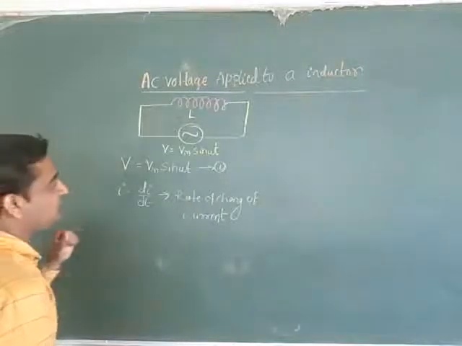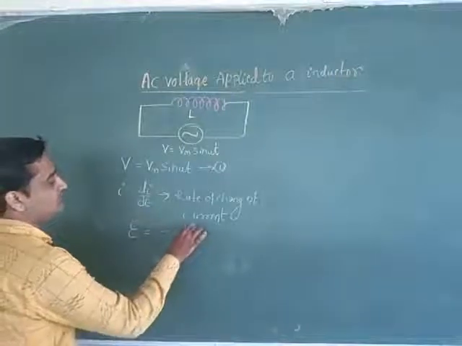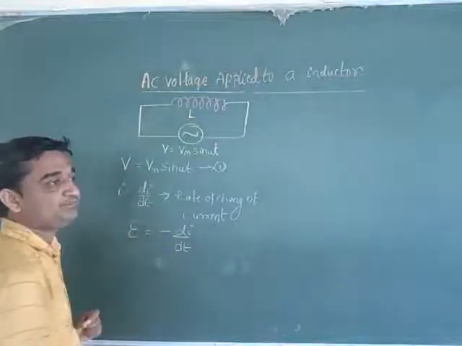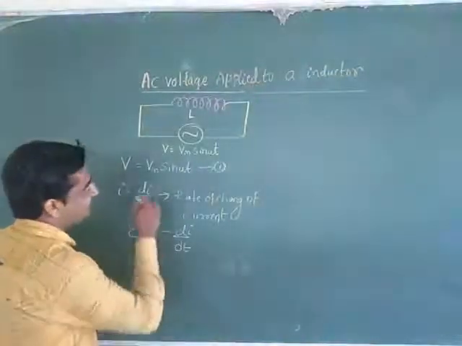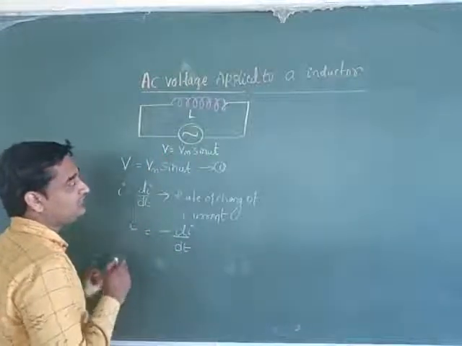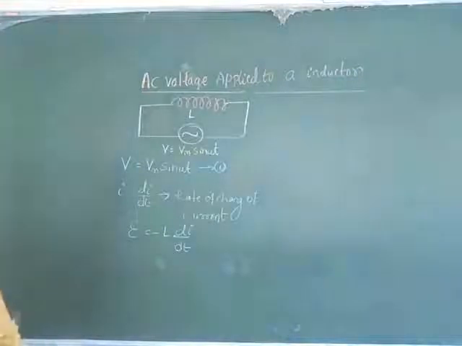Therefore the induced EMF in the inductor is given by E is equal to minus L into di by dt, where L is the inductance of the inductor. This expression we have studied in the chapter on electromagnetic induction.